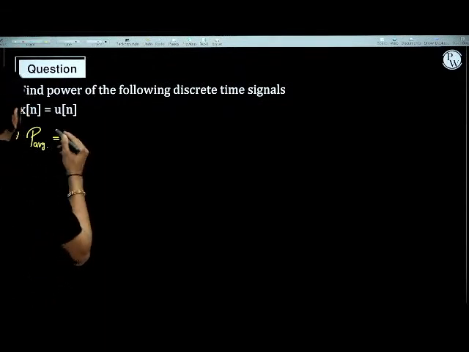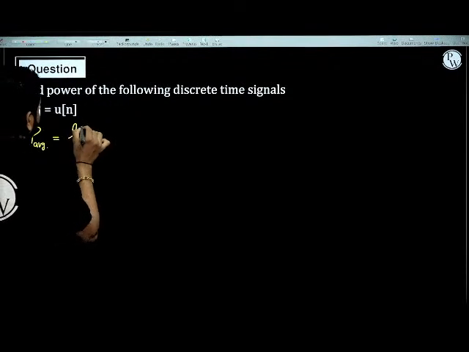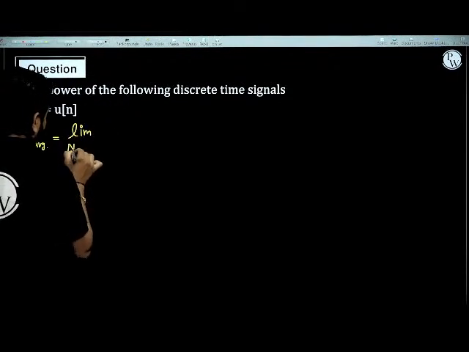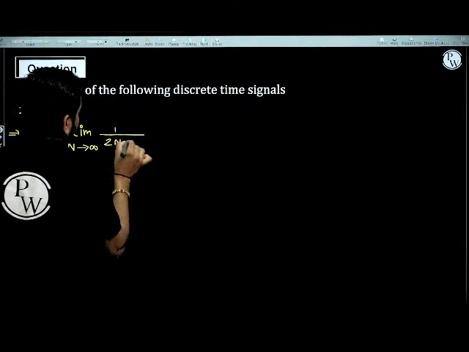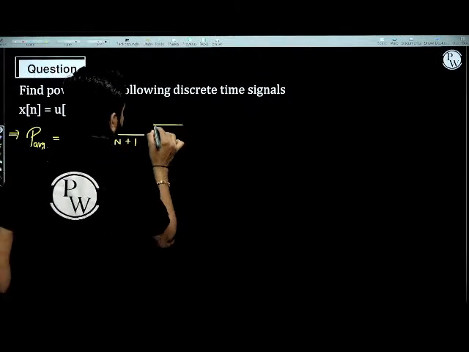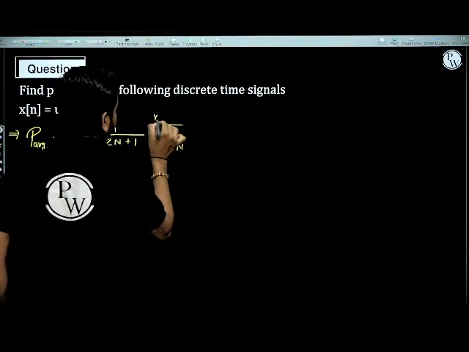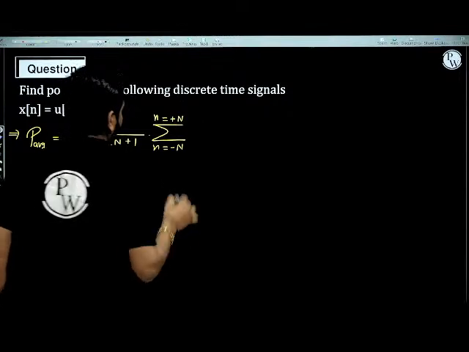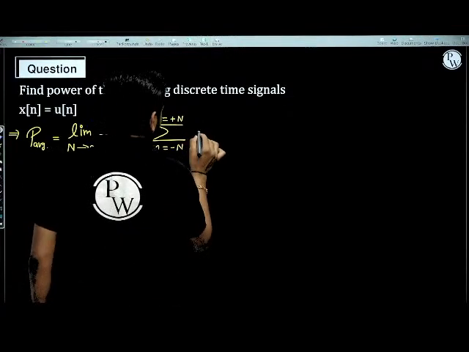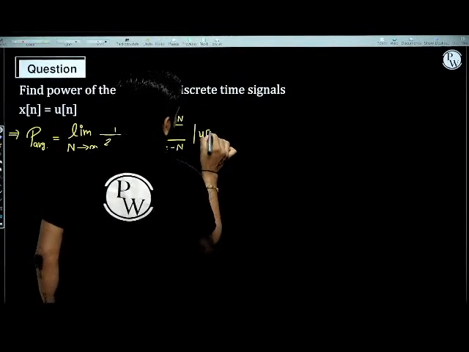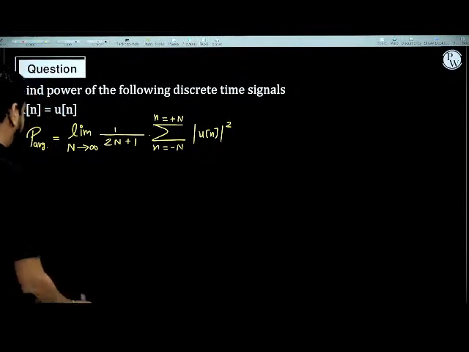So the average power is given by, as this is an aperiodic signal, limit N tends to infinity of 1 upon 2N plus 1, summation n from minus N to plus N, mod u of n whole square. And the square of u of n is nothing but u of n.